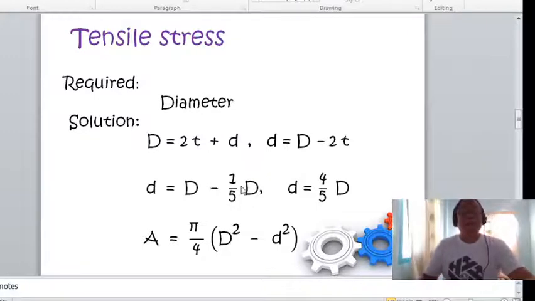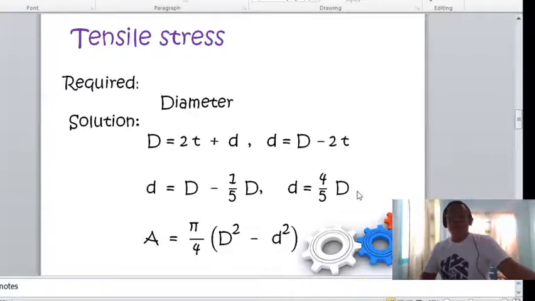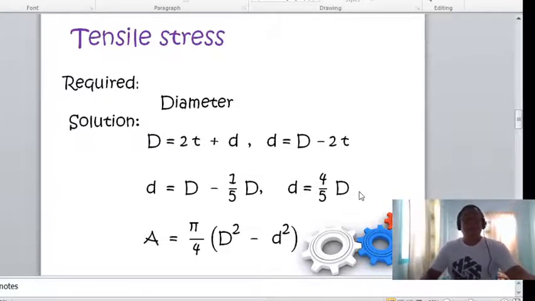Substituting now the value of the thickness, which is 1 over 10 of the bigger diameter or the outside diameter, into the above equation, d equals D minus 1 over 5 times D. Simply, the small diameter is equals to 4 over 5 multiplied by the outside diameter of the tube.